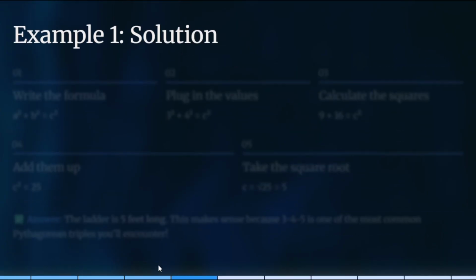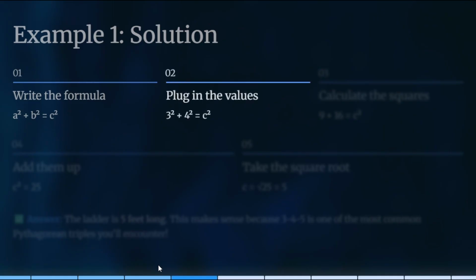So let's set up our solution. First, write the formula. A squared plus B squared equals C squared. If we plug in the values, A equals 3 and B equals 4. So 3 squared plus 4 squared equals C squared. Calculating the squares, 3 squared is 9, 4 squared is 16.